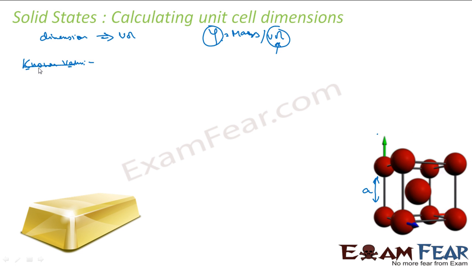We know that density is equal to mass by volume. So let's focus on one cell. In one cell we can have a number of atoms. We have seen that in the normal one it is 1, in face center it is 4, and in body center it is 2.